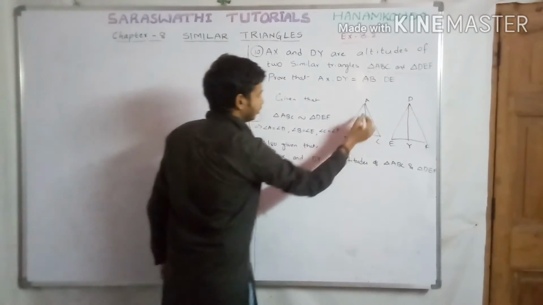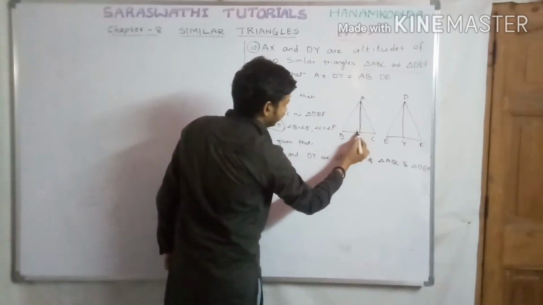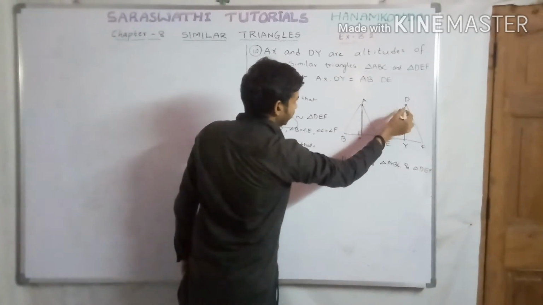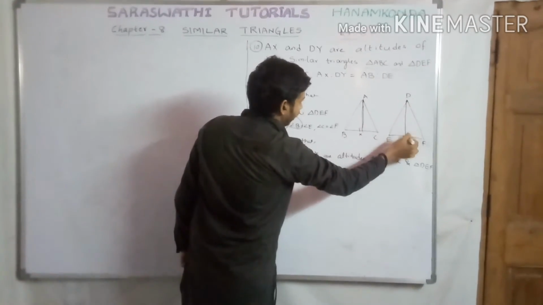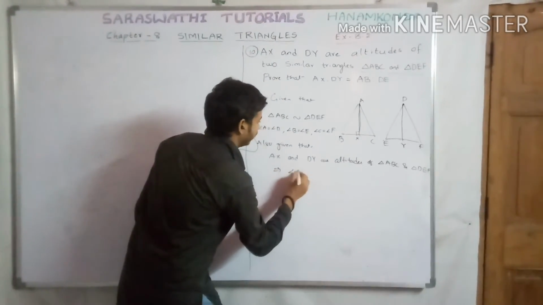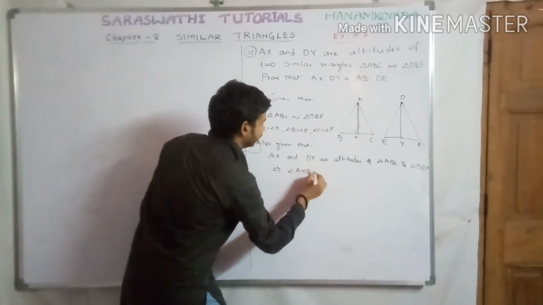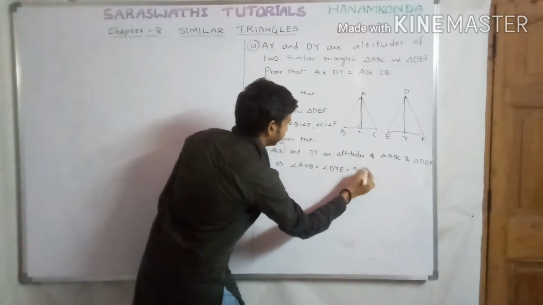If AX is altitude, that means angle AXB is equal to 90 degrees. Similarly, if DY is altitude of triangle DEF, that means angle DYE is 90 degrees. So it implies angle AXB equal to angle DYE equal to 90 degrees.